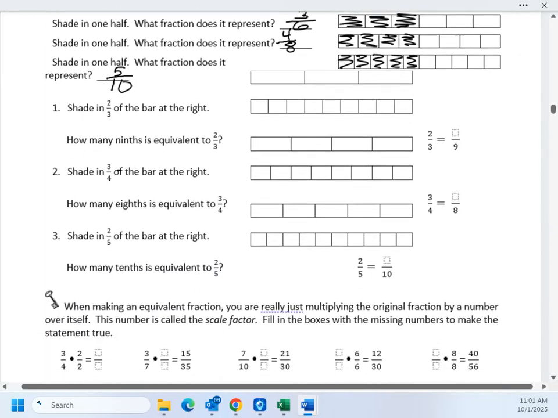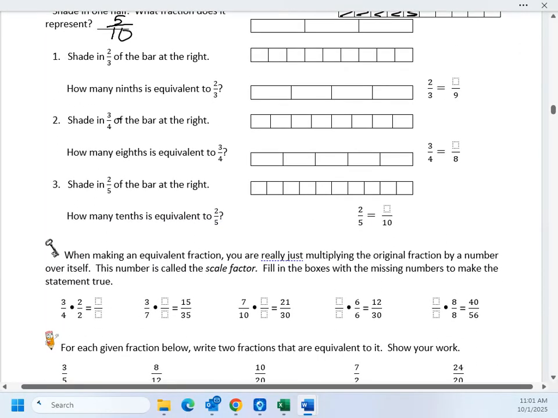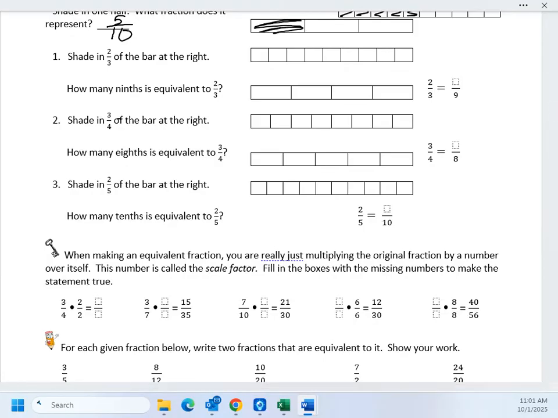So let's look at, shade in 2/3 of the bar to the right. So I'm shading in 2 out of the 3. How many 9ths is equivalent to 2/3? What's the easiest way for me to figure that out?